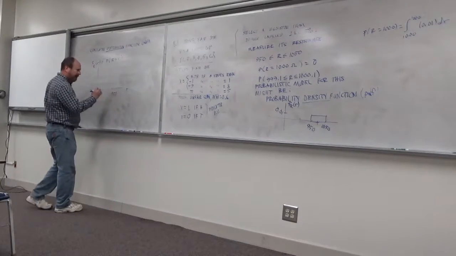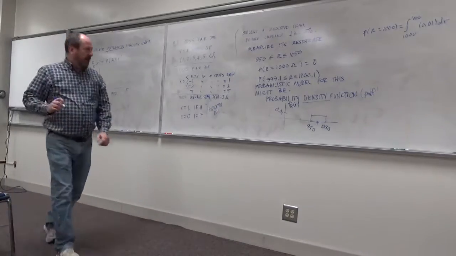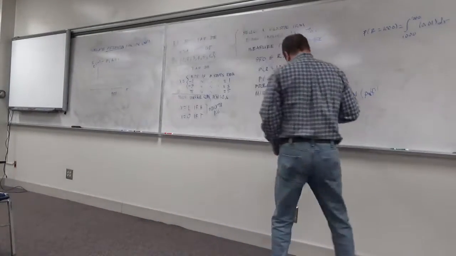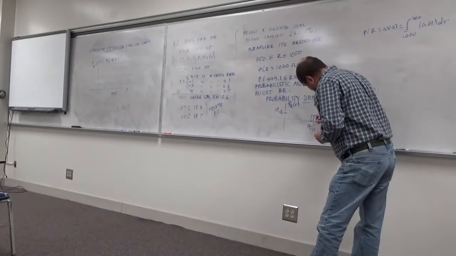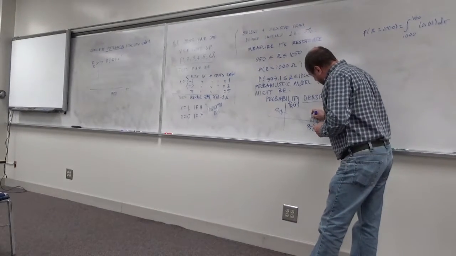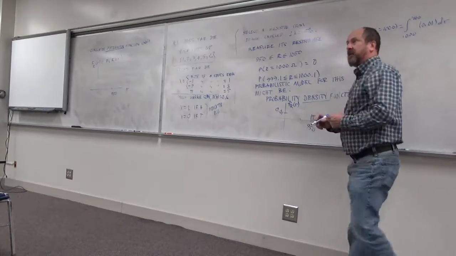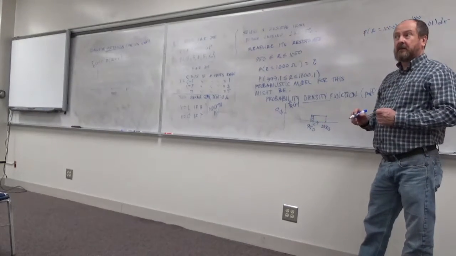Okay, but once I get beyond 950, what happens? At any point here, what's the probability, there's little r. What's the probability that it's less than or equal to that value? It's that area, correct?